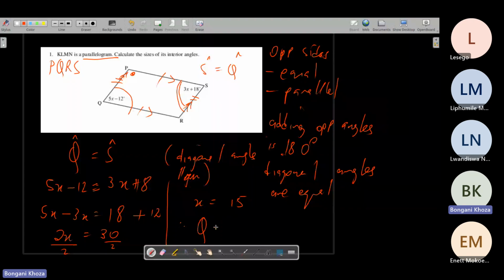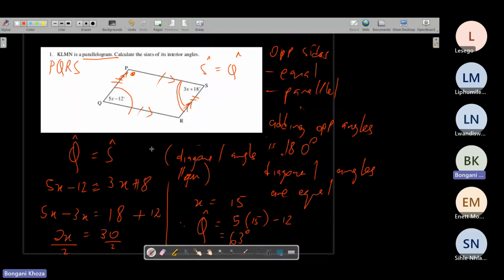For angle Q, it's going to be 5 times 15 minus 12. I'm getting 63. If Q is 63, then S will also be 63 because those two are equal.